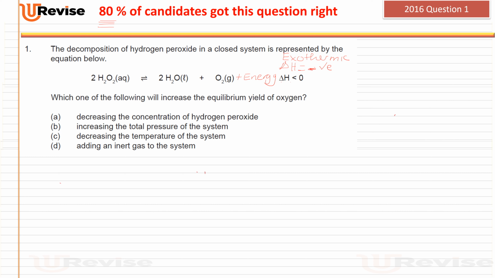If I decrease the concentration of hydrogen peroxide and I apply Le Chatelier's principle, or LCP, it tells me that the system will partially oppose this imposed change, and it will try to build back the concentration of hydrogen peroxide, and to do so it consumes the products, going back this way. As a result, the equilibrium yield of oxygen will decrease.